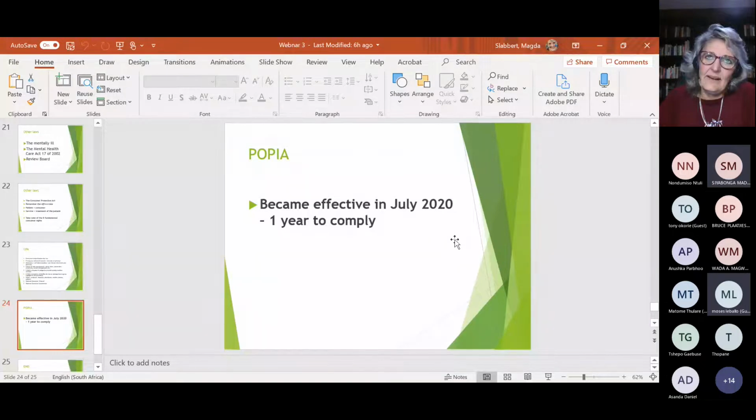But be careful, if you come across a set of facts and you see that the POPI Act has been violated, go intensively through the detail, bearing in mind that health information is special information.